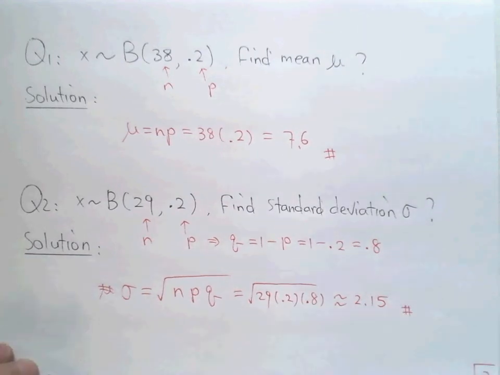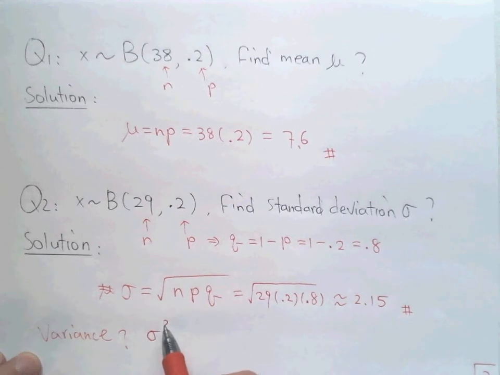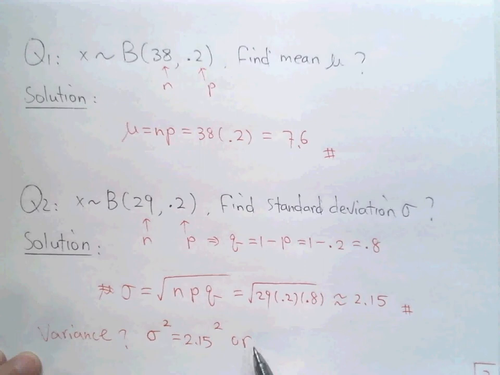However, if I ask you one more, what's the variance? Can you tell me what the variance is? Of course, we can use the definition: the variance is the square of the standard deviation. The standard deviation you already found is 2.15, so it's 2.15 squared.